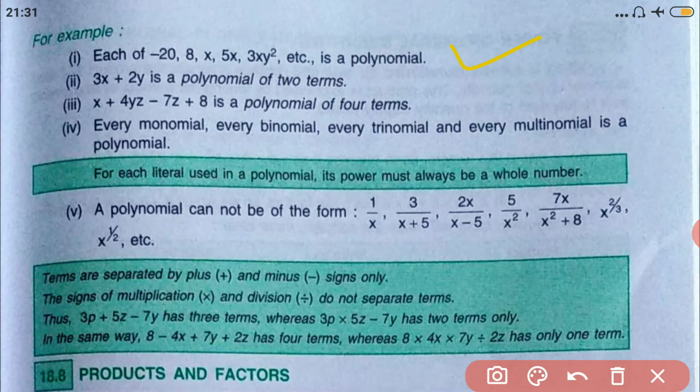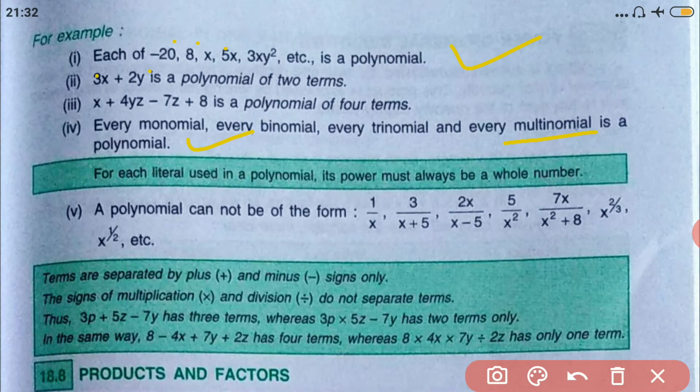Because multinomial means two terms or more, whereas a polynomial can be a monomial also, right? So they are all monomials here, and they are also considered polynomials. Now a polynomial can have two terms, three terms, etc., and it goes on, right? So every monomial, every binomial, every trinomial, in fact every multinomial is also a polynomial, right?